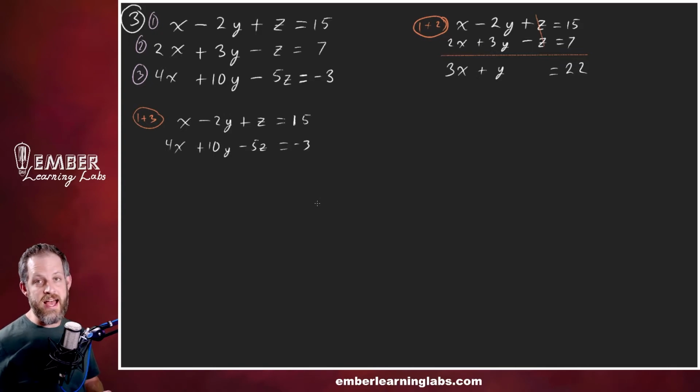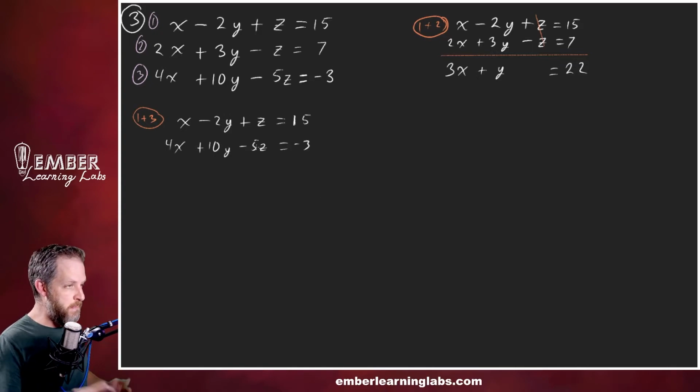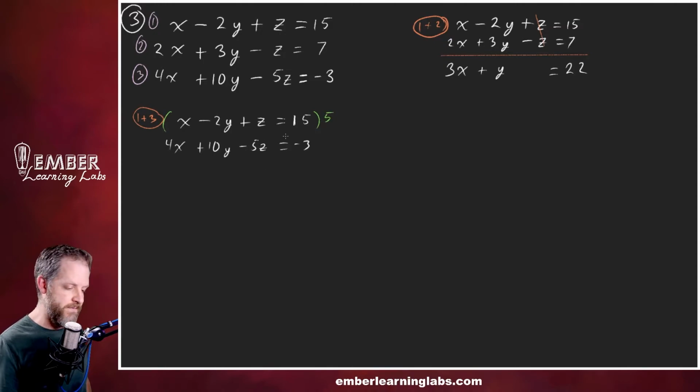Now, just like eliminating on a 2x2, we need to get two of them to be opposites. We already picked z, so we've got to go with that. To make these opposites, we can multiply this top one by positive 5, because then we have -5 and positive 5, right? So that turns into 5x minus 10y.